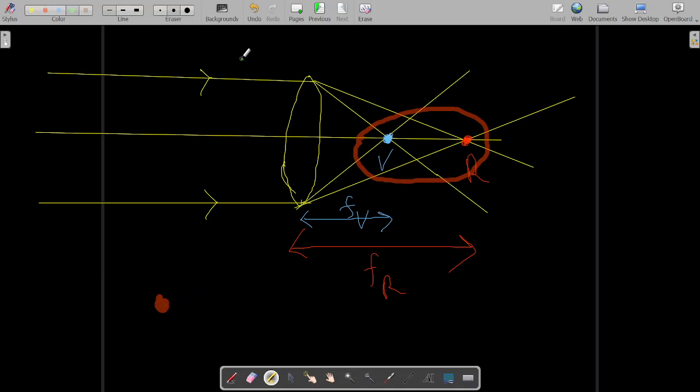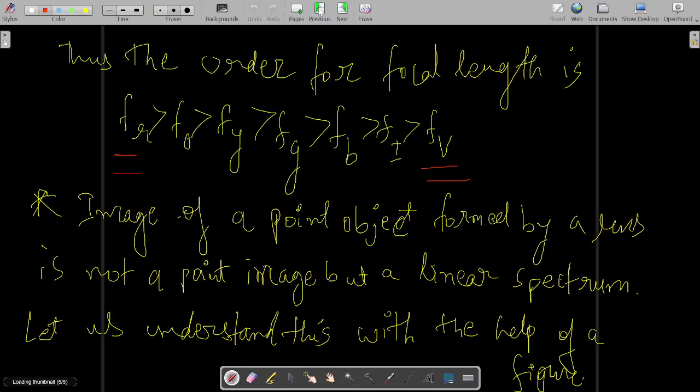Although the object was at infinity, instead of getting a point image, we will get a line. You will understand this more and more clearly as the class proceeds. Image of a point object formed by a lens is not a point image but a linear spectrum. This is what is meant by this.